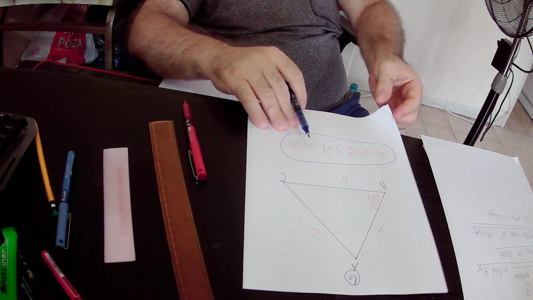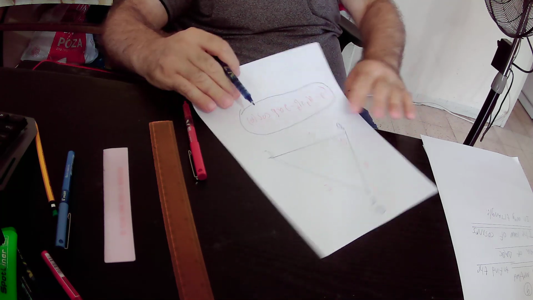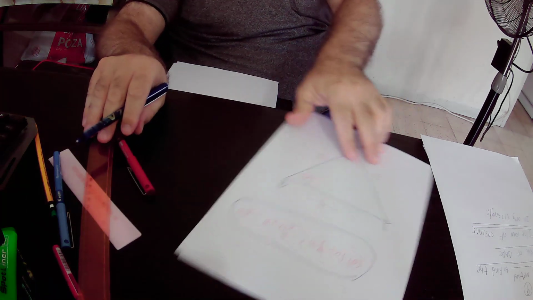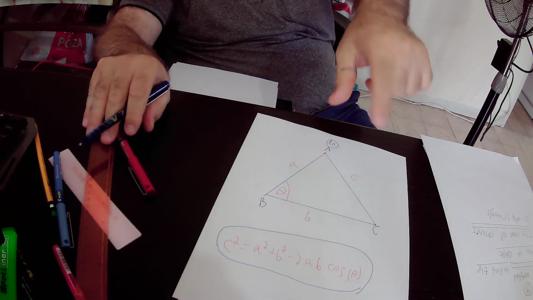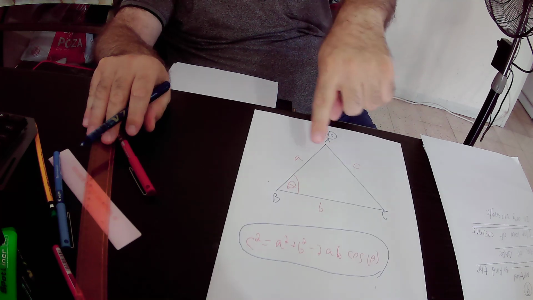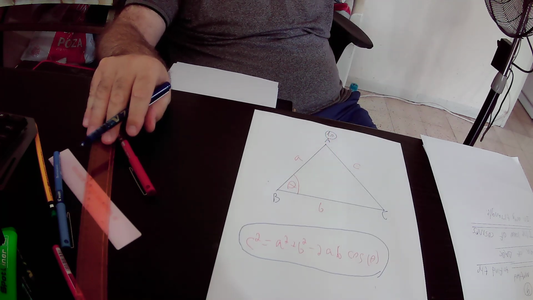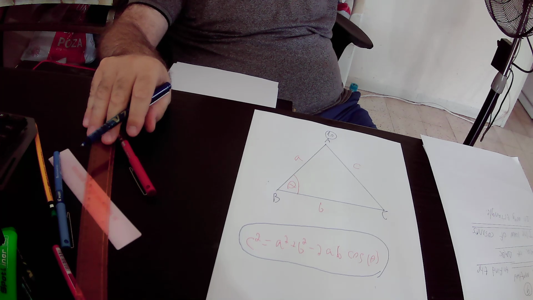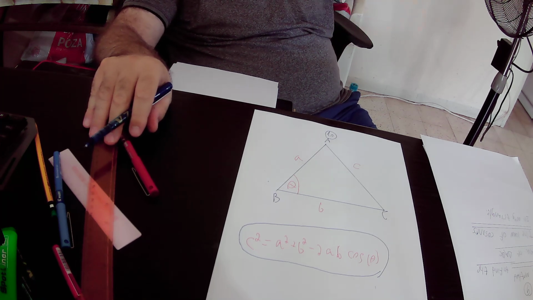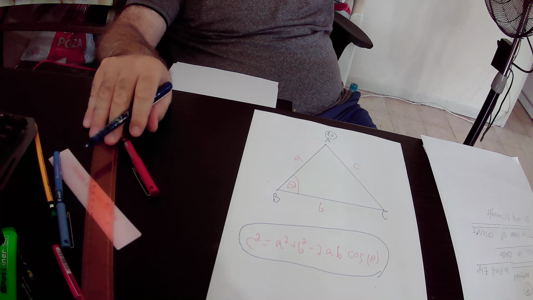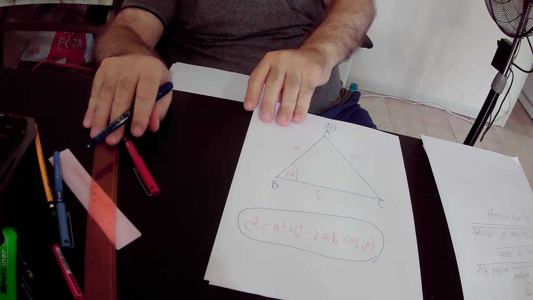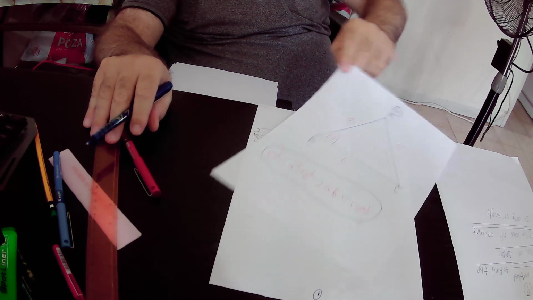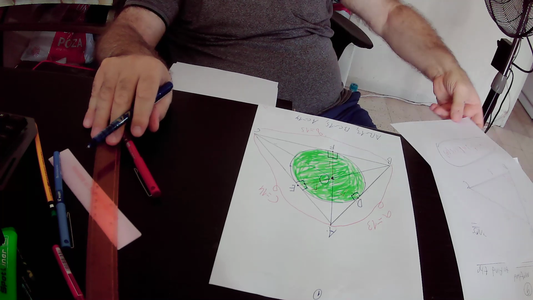Okay, again, C squared equals A squared plus B squared minus 2 times A times B times cosine theta. Again, we can use this equality in any triangle. So actually we will implement the law of cosines in our triangle ABC.